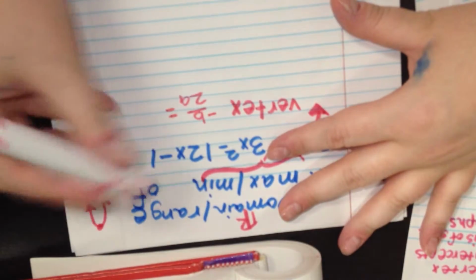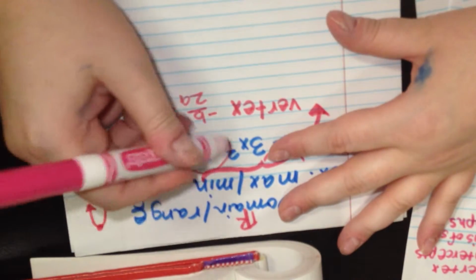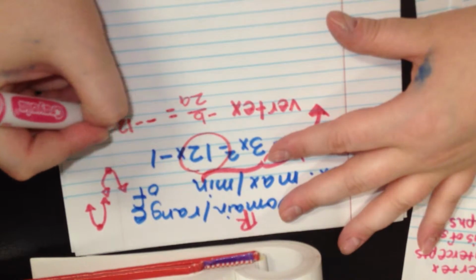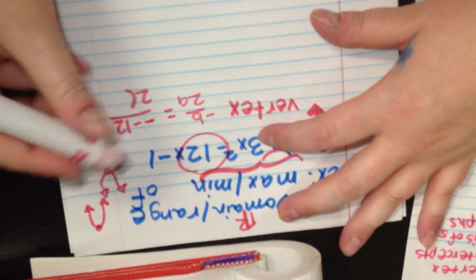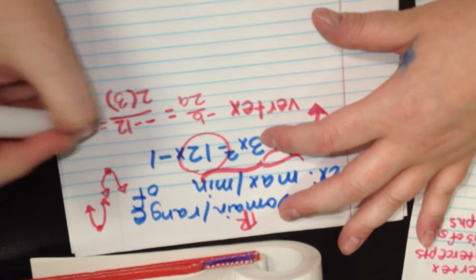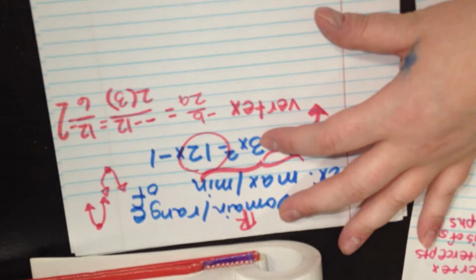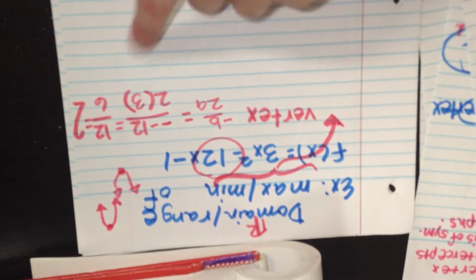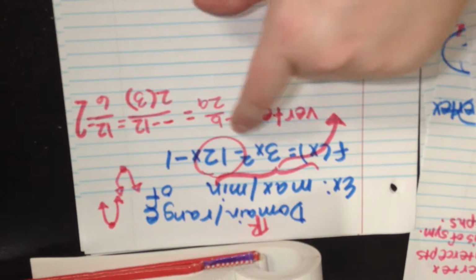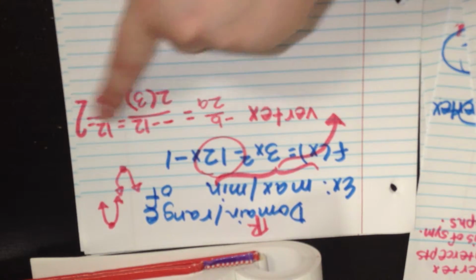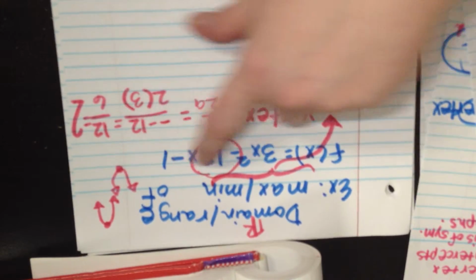Okay, so I'm going to have negative, and then my b is a negative 12 over 2 times my a is a 3. So this gives me 12 over 6, and that's big fat 2. And then to get the y value of my vertex, we plug in a 2 into this equation.